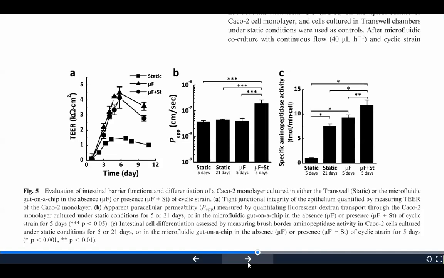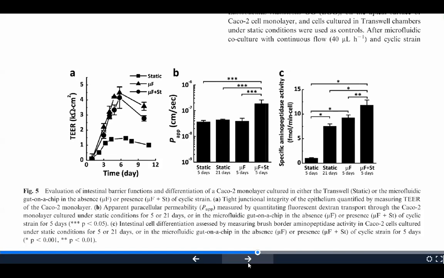But this gets interesting when you realize that in the data published in the literature, the Caco-2 cell monolayers that were cultured in the transwell, in the static groups, do display lower paracellular permeability values in comparison to those observed in human intestinal epithelial cells.